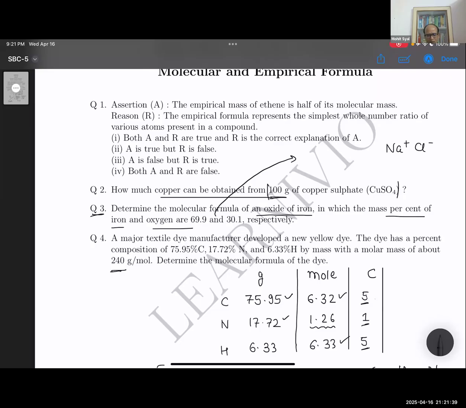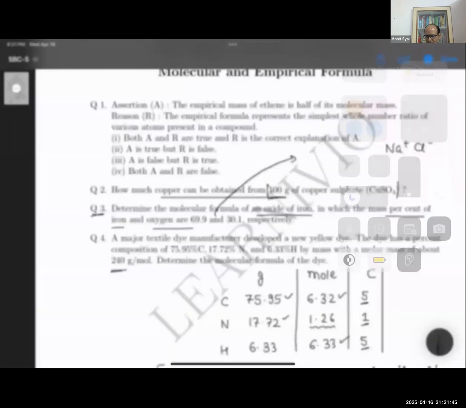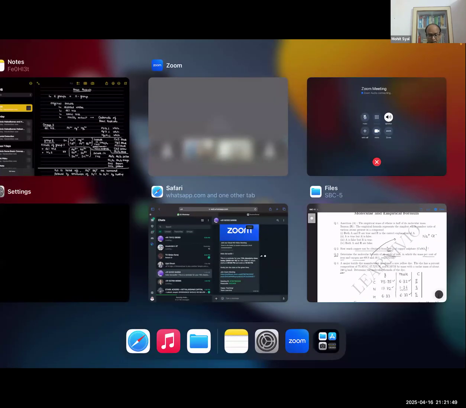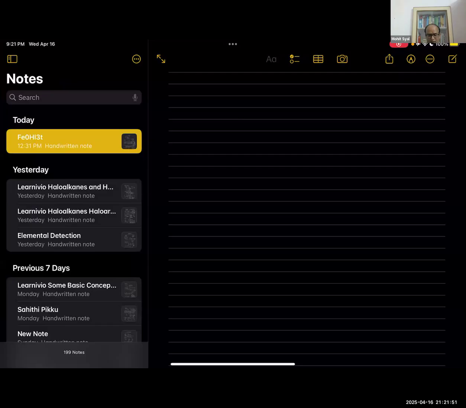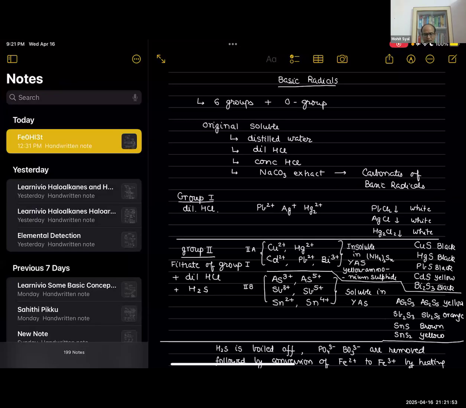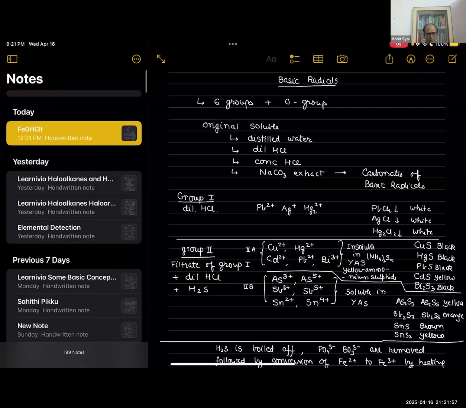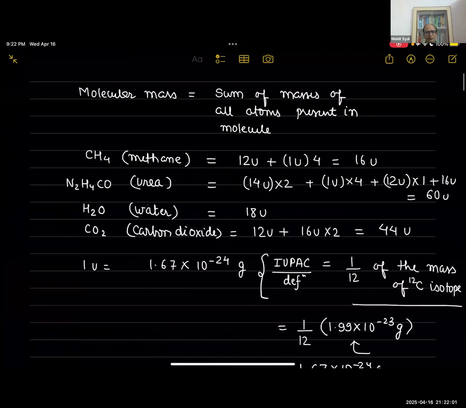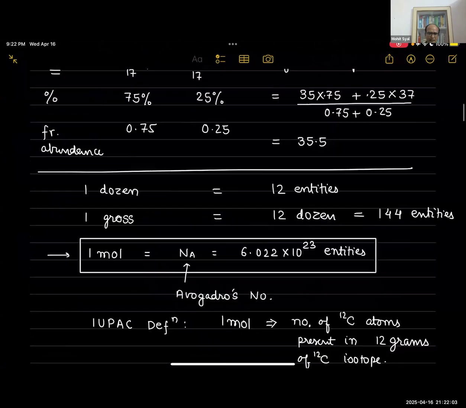Okay. Let's move on to the next topic. What we were doing yesterday, day before yesterday, we were doing concentration terms, right? We did the mass percentage.